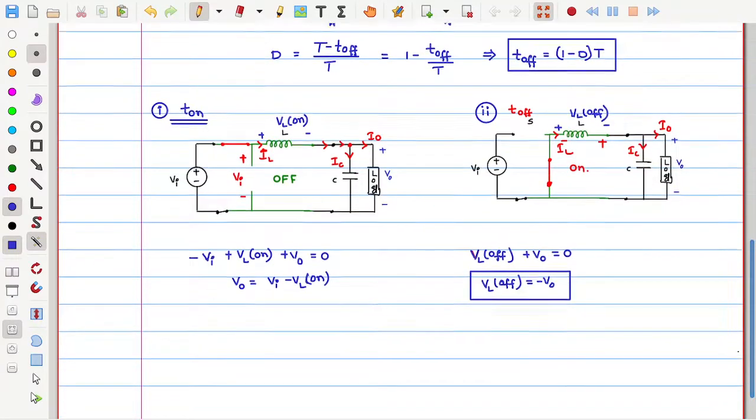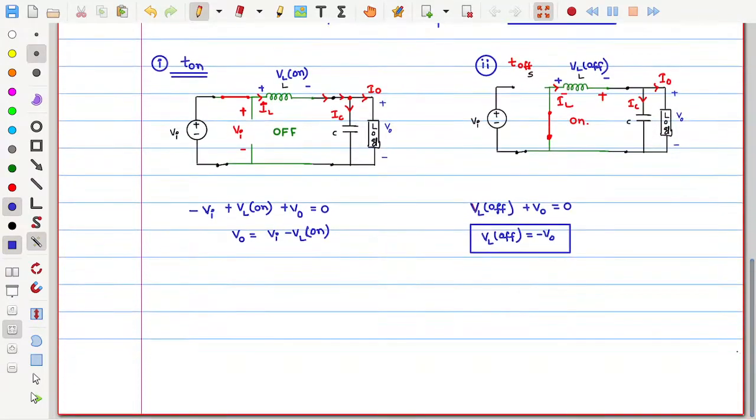In order to get that, we will use one more generalized, universally known principle for the inductor. Let me write this statement: for the inductor, volt second balance. For the inductor, the volt second will be balanced.